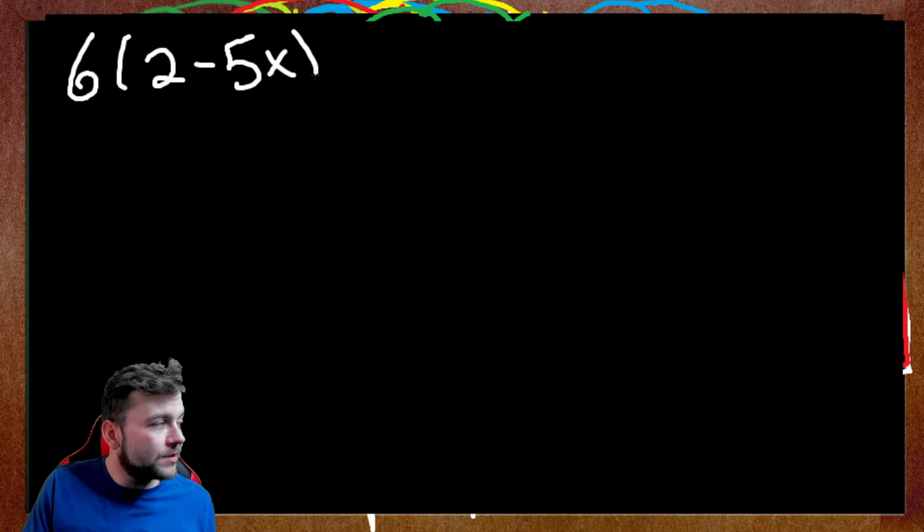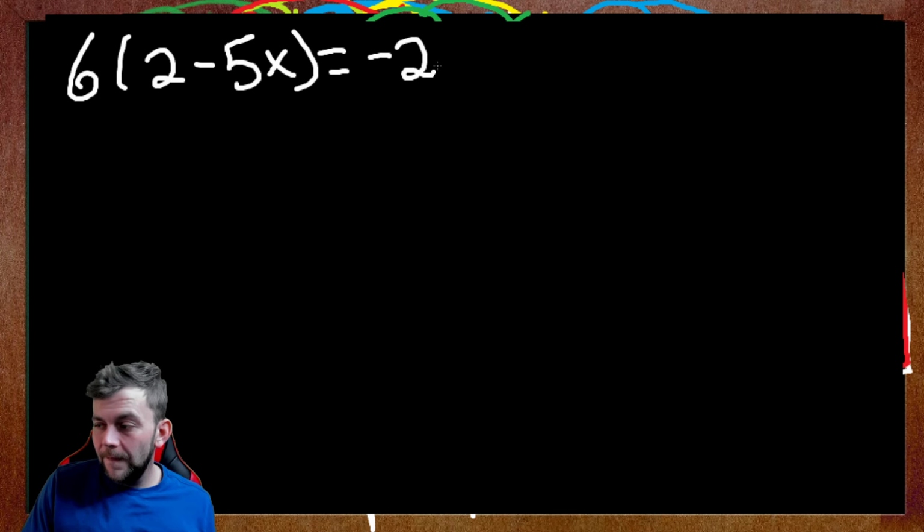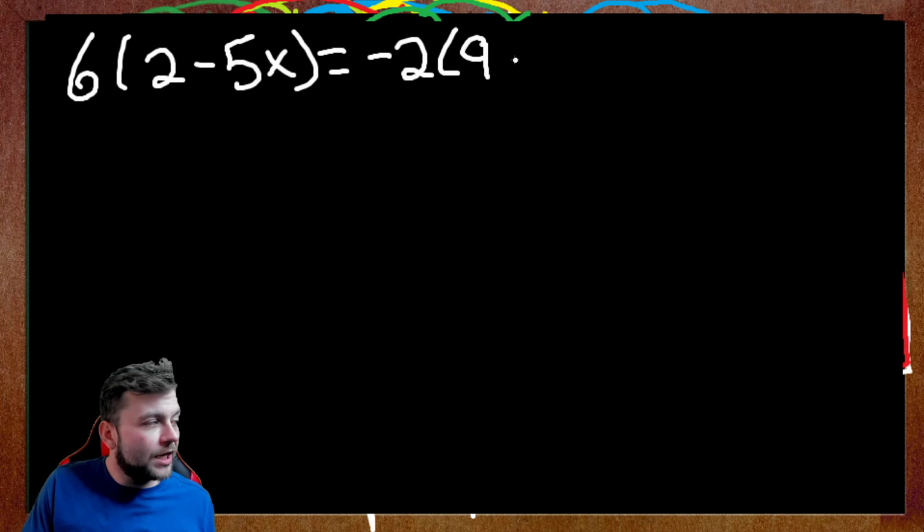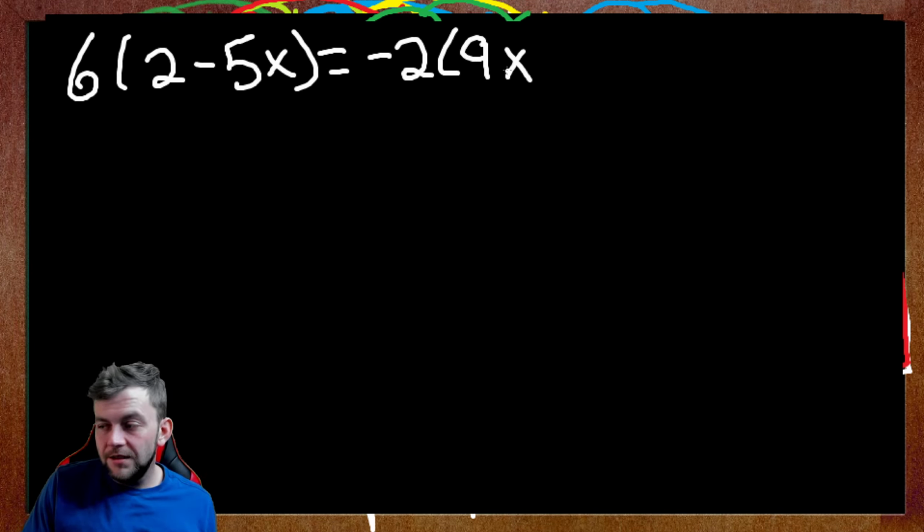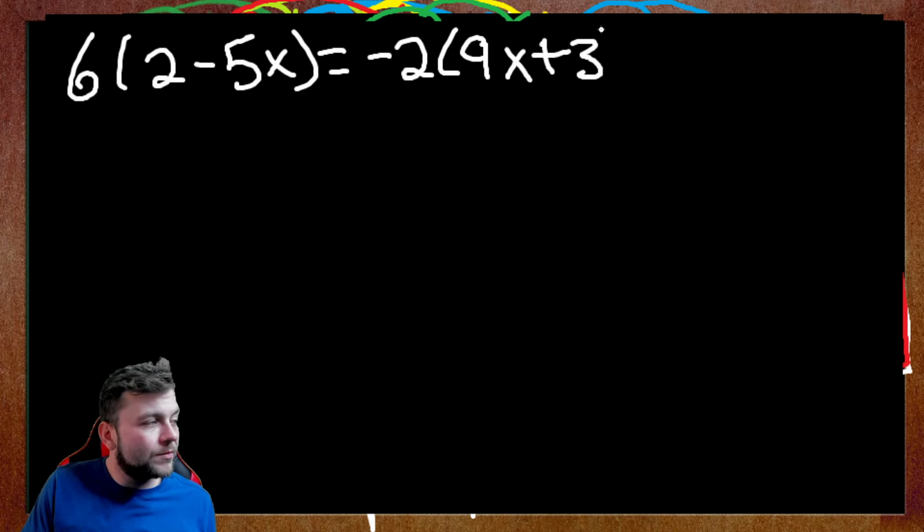Our next example problem will be, here we go. We have 6 times the quantity 2 minus 5x equals negative 2 times the quantity 9x plus 3.